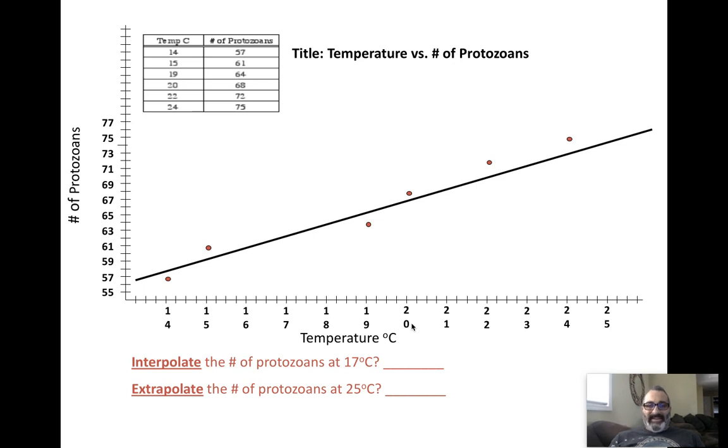The dependent variable is on the y-axis. The D and the Y help you remember that. The independent, the I in MIX, is on the x. So the dependent is on the y, and the independent is on the x. In this case, temperature is what you're testing, and what you're measuring is the number of protozoans.